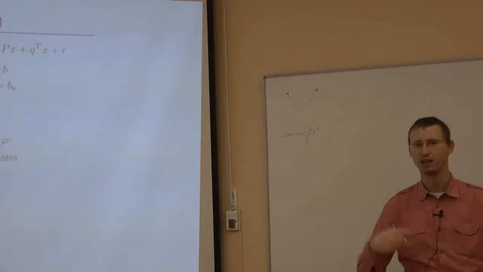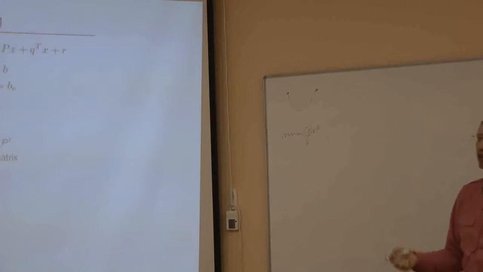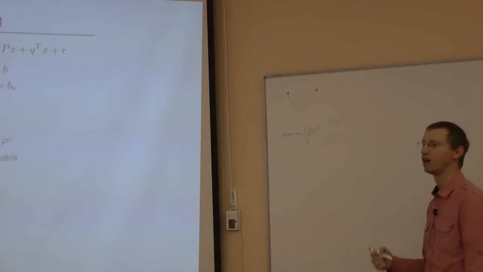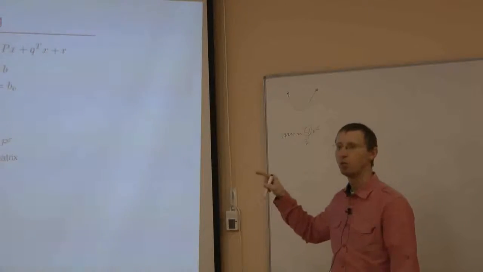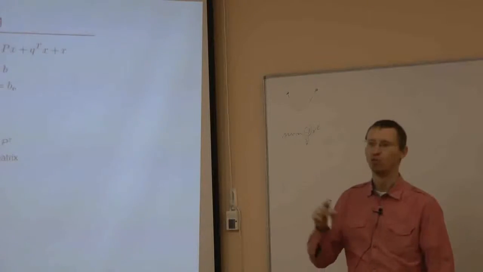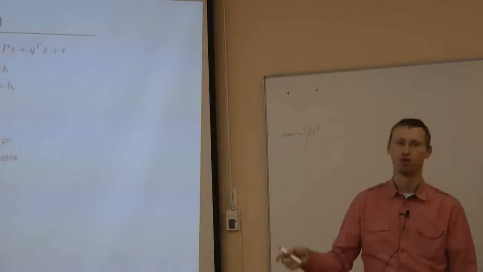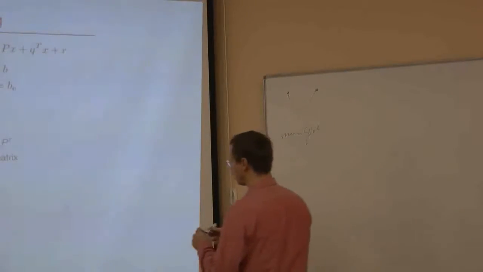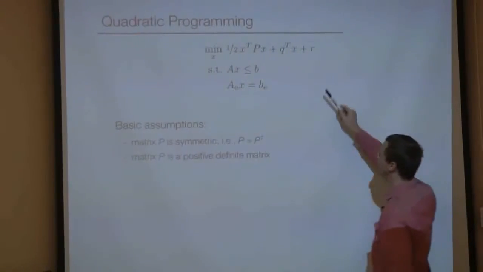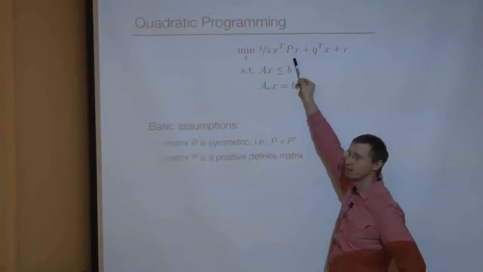So here we are back to the argument why convex optimization problems are easy to solve. Because once we find one optimum, we know it's the global optimum and we don't need to search any further. Essentially, these two assumptions mean that this objective function here is convex.